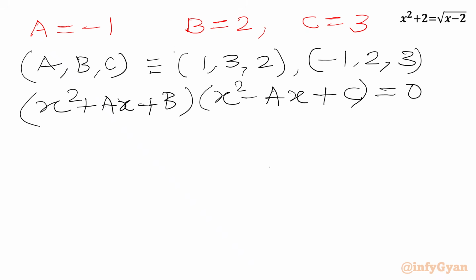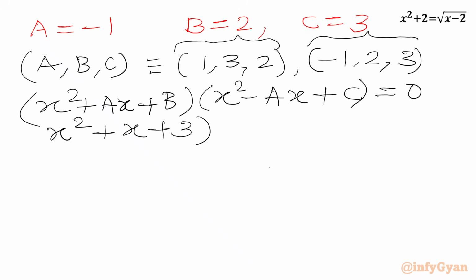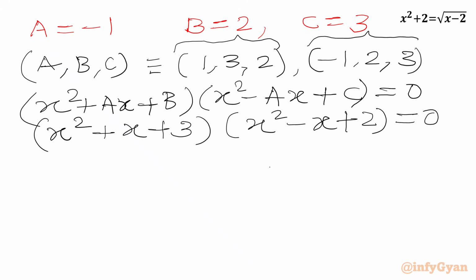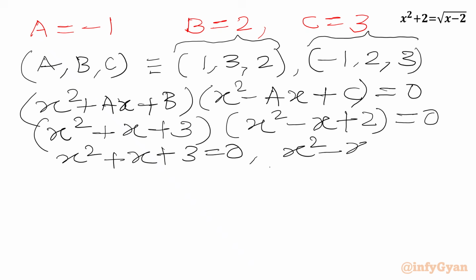By putting both the values, we are going to get the same quartic equation, which is x square plus x plus 3 times x square minus x plus 2. Now we can use the product 0 rule. So we'll be writing two equations: either x square plus x plus 3 equal to 0, or x square minus x plus 2 equal to 0.